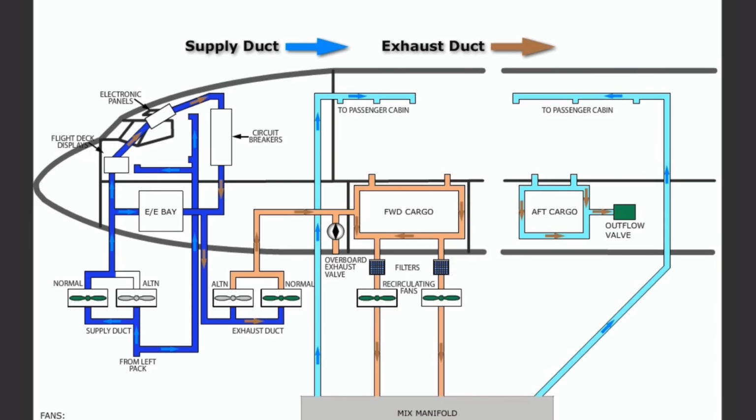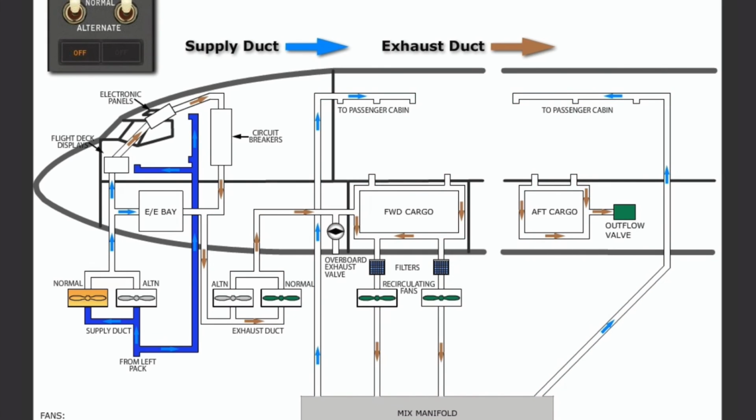When the airplane is on the ground, or during low pressure differential, the overboard exhaust valve opens to allow warm exhaust air to be expelled. During flight, the overboard exhaust valve closes, and the exhaust air is ducted around the forward cargo compartment. Flow detect sensors monitor the movement of air through the system.